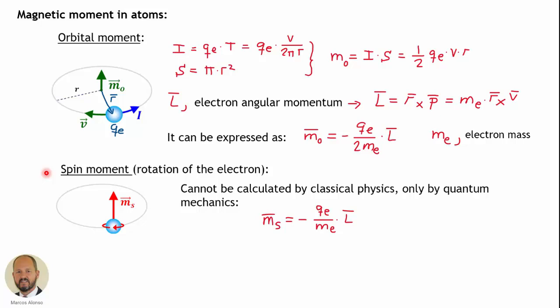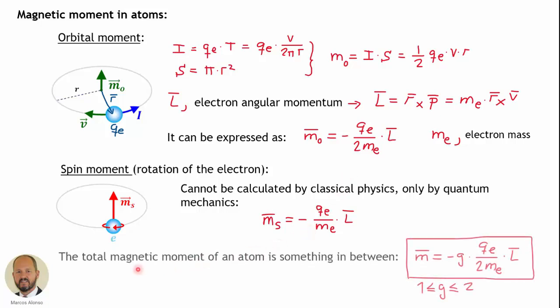It cannot be calculated by classical physics, only by quantum mechanics, and this is the expression of the magnetic moment of the electron due to its spin, which is very similar to this one, only that we don't have the 2 in the denominator. But in the end, the total magnetic moment of an atom is a combination of many electrons in different orbits with different spins and so on.